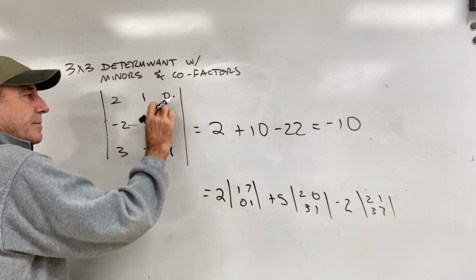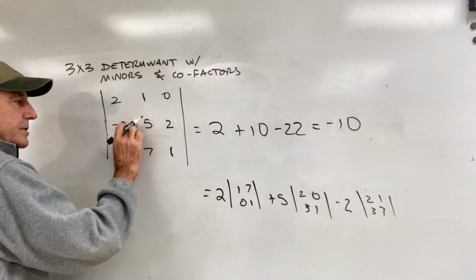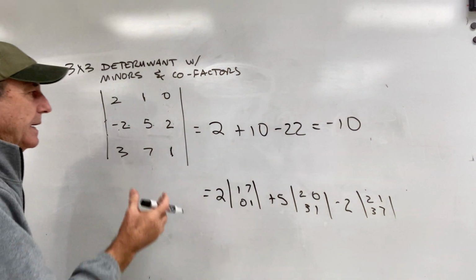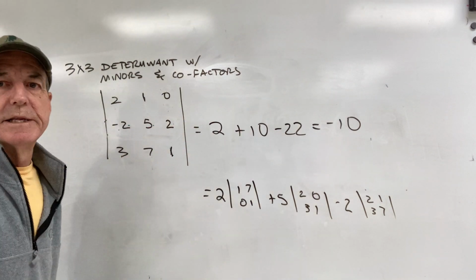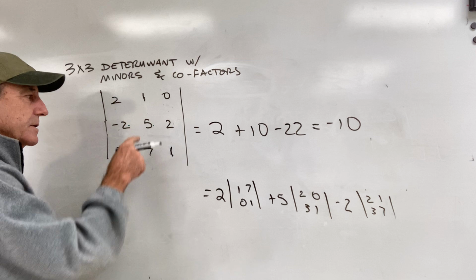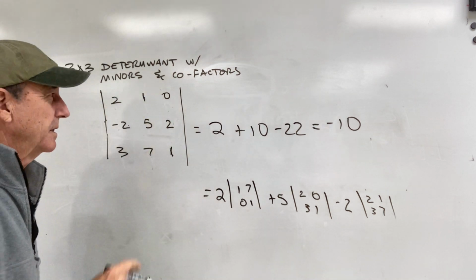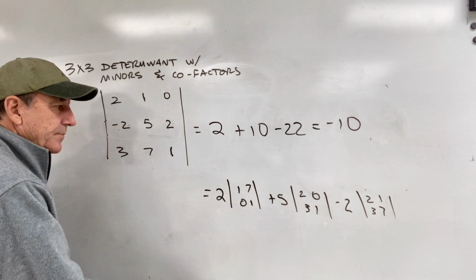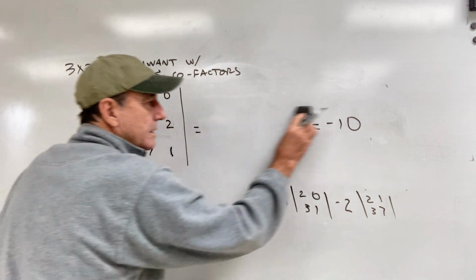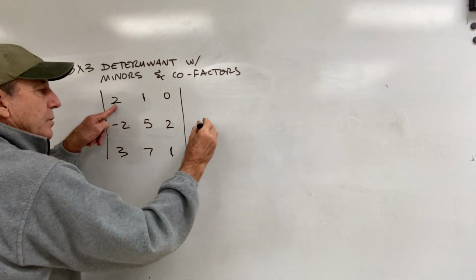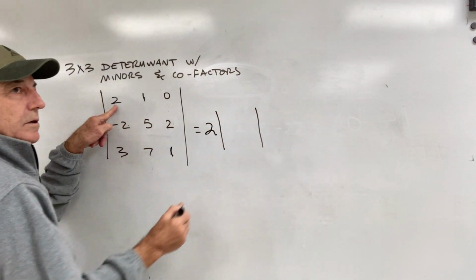Now, the intriguing thing about using minors and cofactors is that it doesn't really matter which row or which column you expand about. I expanded about this middle row just because I wanted to. Let me expand about this first row and watch what happens. The 0 is going to be our friend here. So setting up our expansion, we're going to have 2 times its little minor determinant.